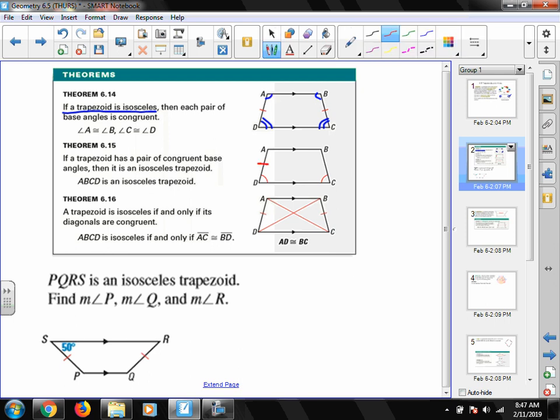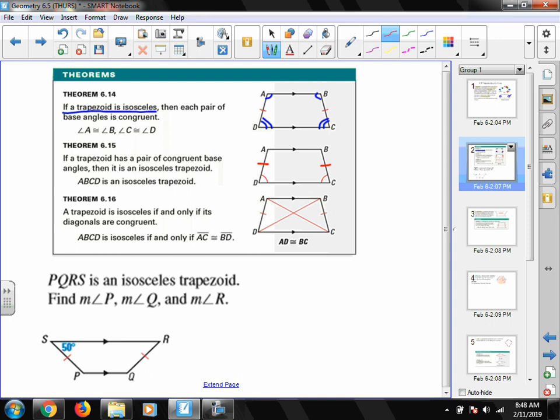I can say that AD is congruent to BC. Again, it's got to be the same base angles. So angle B and angle C are from the bottom base, which I would call base 2. Since they touch segment DC, they're touching the same base, so they're congruent.